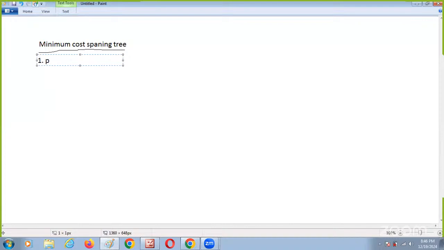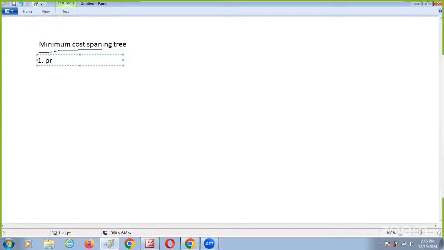What are the different minimum cost spanning tree algorithms? Do you know? If you know, tell me. Okay, anyway, I will tell you.